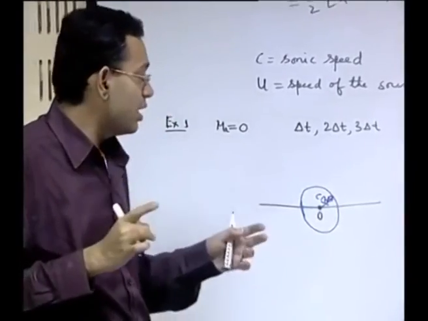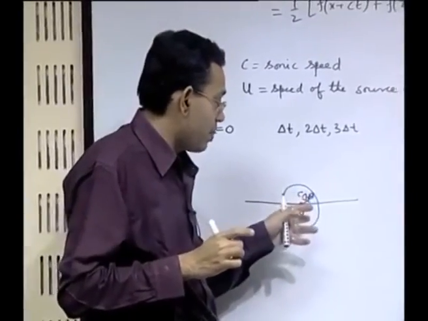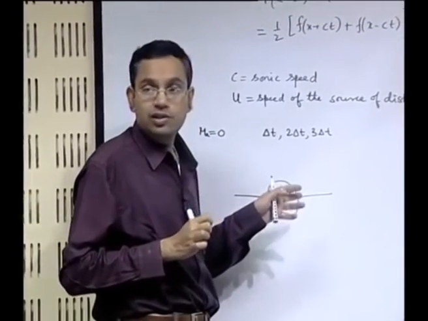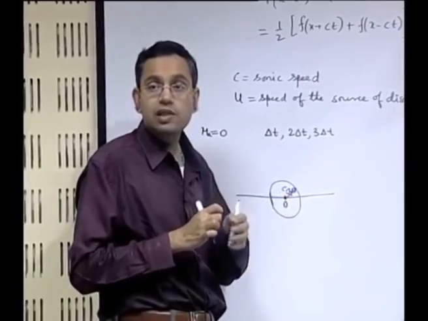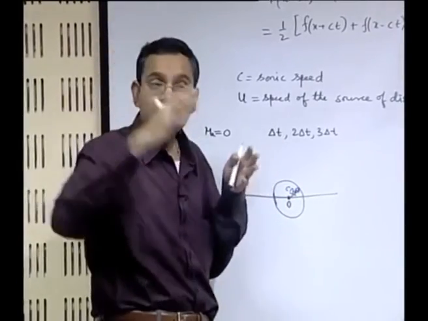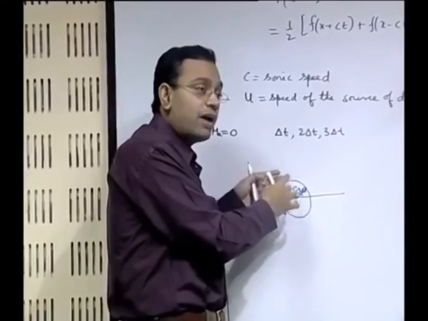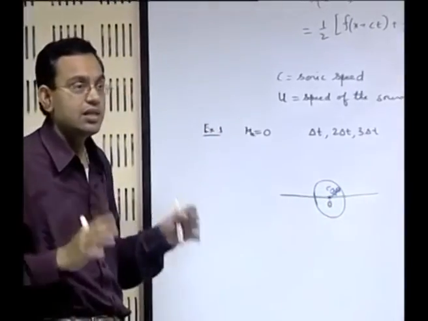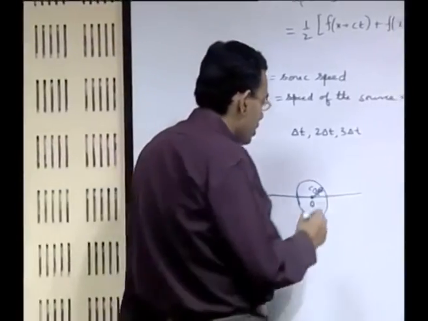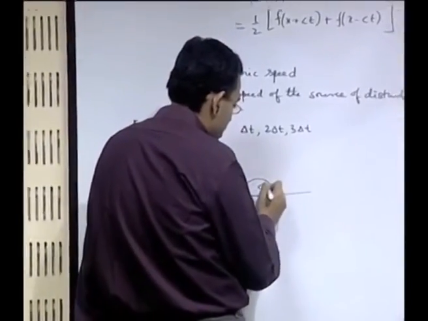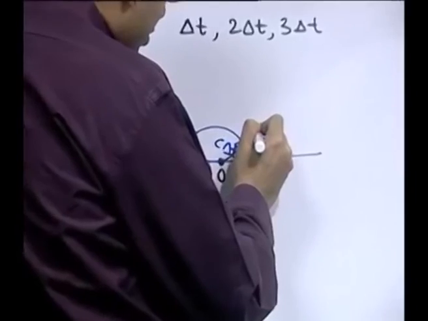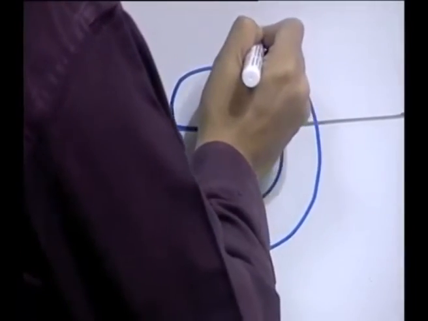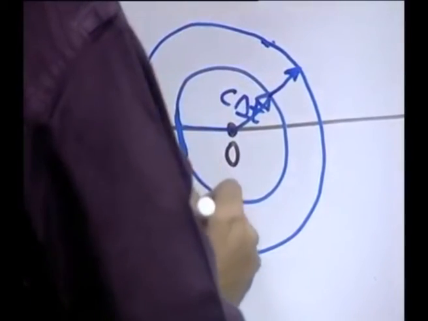See, what is the basic difference between this and the case of an elliptic equation? In elliptic equation, the disturbance is propagating at infinite speed. Here the disturbance is propagating at a finite speed, which is the sonic speed of the characteristic of the medium. So, in a time 2 delta t, it will be a radius of c into 2 delta t.